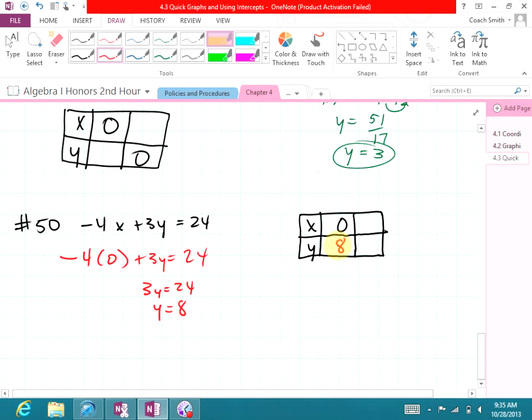So I plug in an 8 in my table of values. So now they want to know the y-intercept. Well, that was the y-intercept, excuse me. For the x-intercept, y is equal to 0. So this was the y-intercept right here.